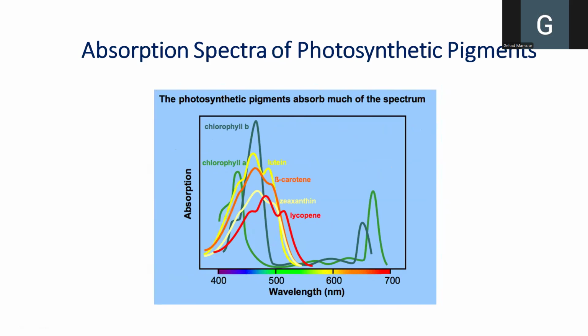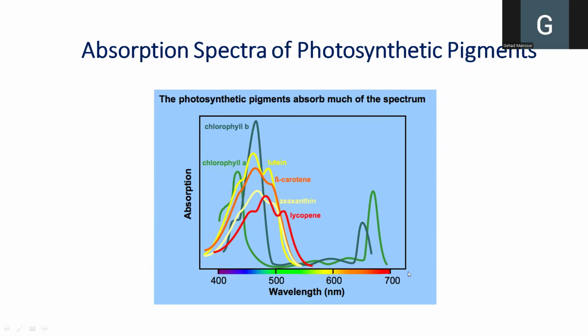On this diagram, we can see something very important, which is called the absorption spectrum of the photosynthetic pigments. As I said before, the photosynthetic pigments have the ability to absorb light energy. And here we are showing you the spectrum or the ranges of the capacity of the photosynthetic pigments to absorb light.